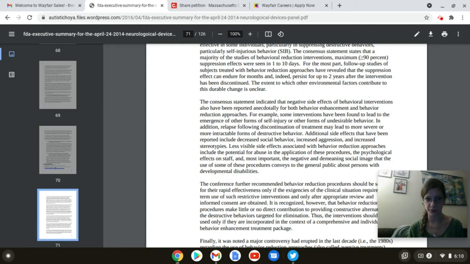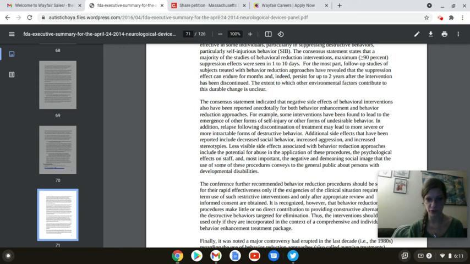In addition, relapse following discontinuation of treatment may lead to more severe or more intense forms of destructive behavior. Additionally, side effects that have been reported include decreased social behavior, increased aggression, and increased stereotyping. Do you think? Less visible side effects associated with behavior reduction approaches include the potential for abuse in the application of these procedures. Thank you.